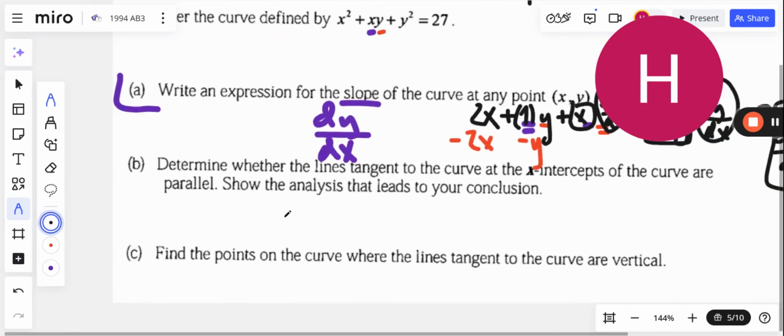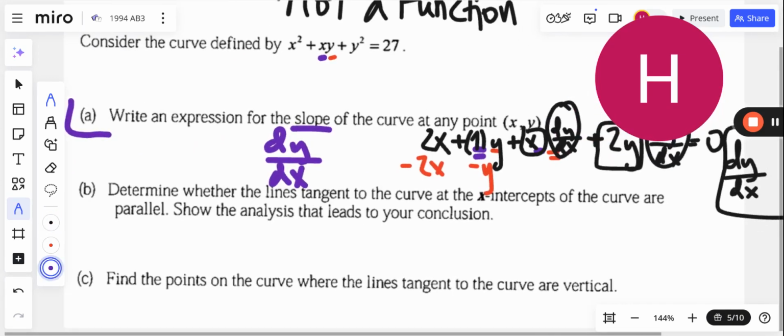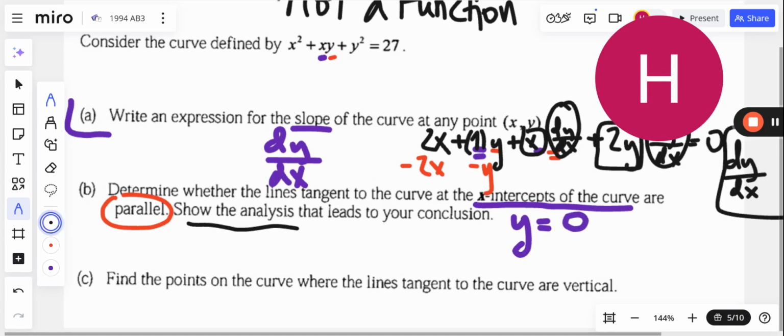Okay? Determine whether the lines tangent to the curve at the x-intercepts are parallel. I want to determine if these are parallel, which means their slopes are the same. And we have to show the analysis that leads to the conclusion. So first, let's focus on the x-intercepts. What do x-intercepts mean? X-intercepts mean y is equal to 0.